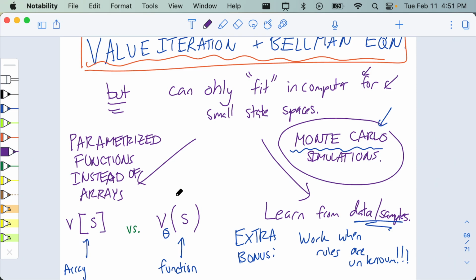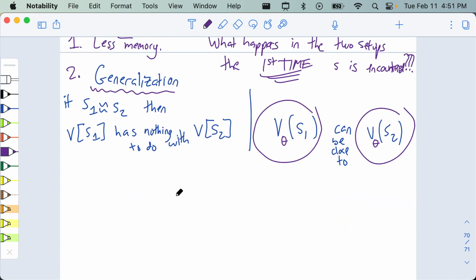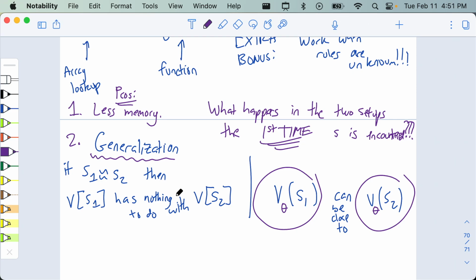Yeah. So what does close mean? Does it mean a metric structure on this? Yeah, you could think of it as having a metric structure. What you're going to see is that we're not going to impose what close means. The computer will figure it out automatically.